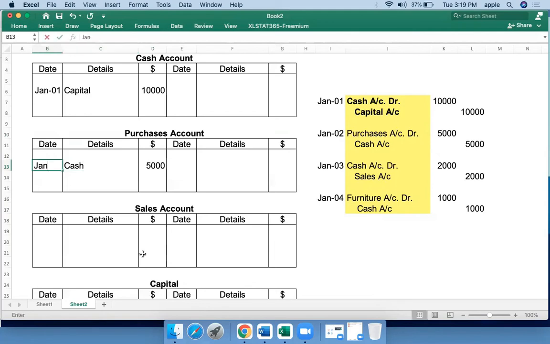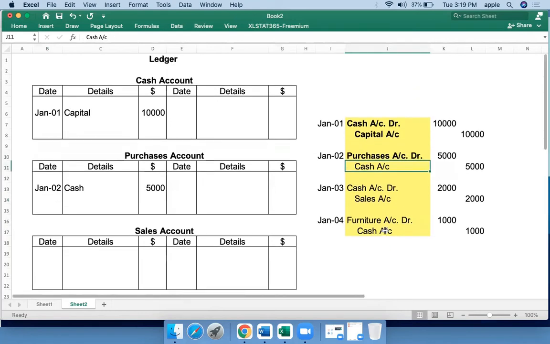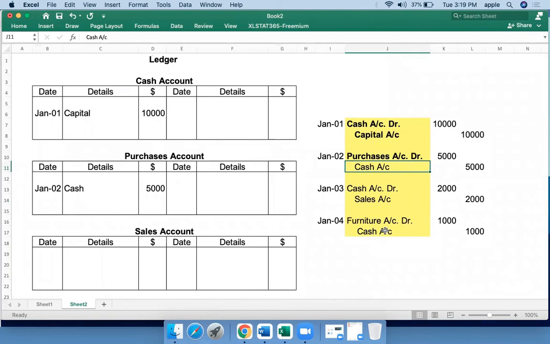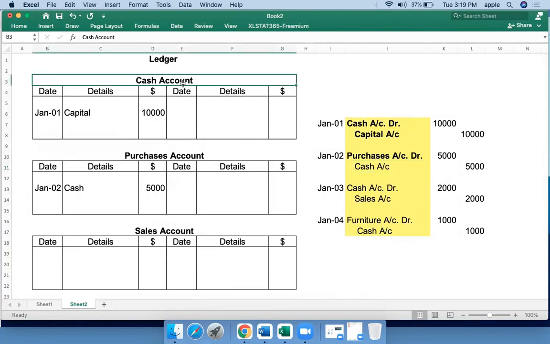Date Jan 2nd. Now I will make posting in which account? Cash. Is cash debited or credited? Credit. So cash account, credit side. This is my cash account. It is credited, so credit side. Credited by how much money? 5,000.